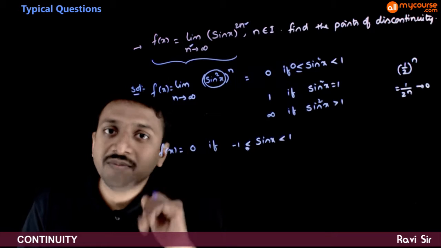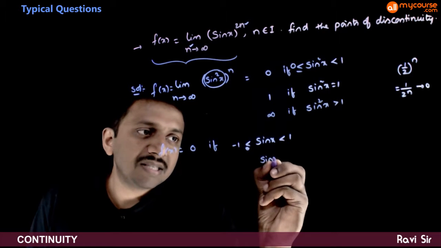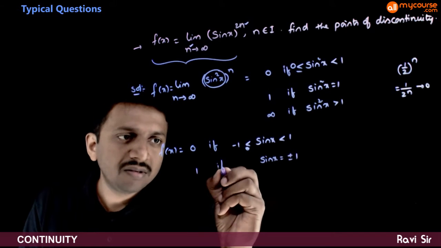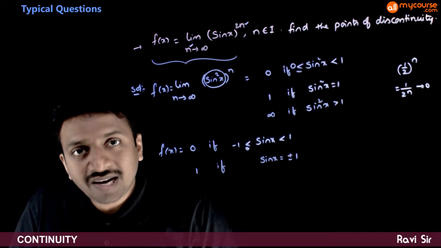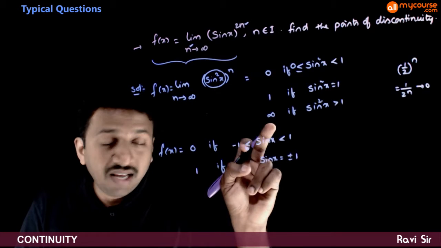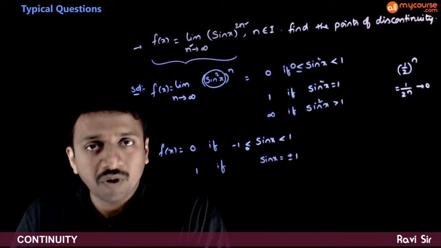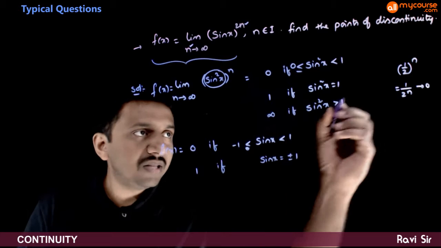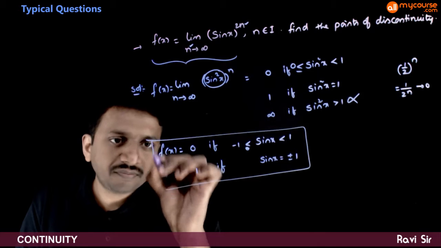So f of x will become 0. And sin square x equal to 1 means sin x is equal to ±1, so f of x is equal to 1 when sin x is plus or minus 1. And infinity, if sin square x is greater than 1, never happens because sin x is always in between -1 and +1. So this case does not arise. So this is my function.